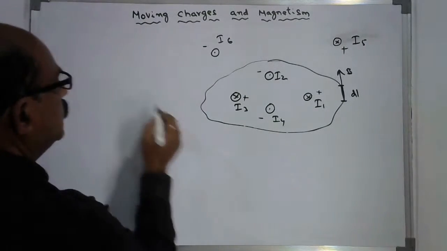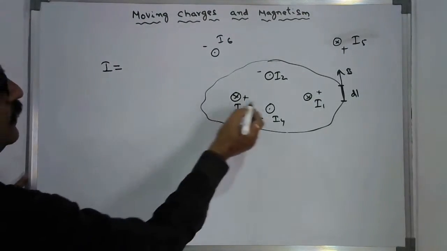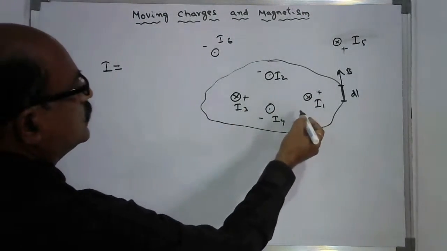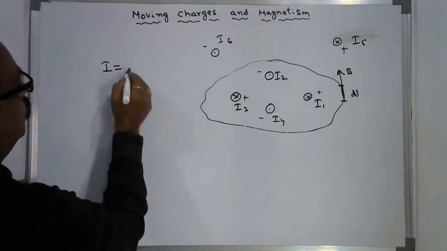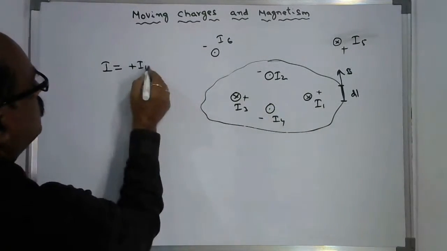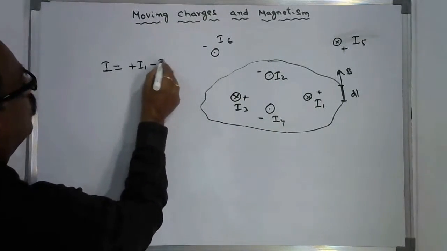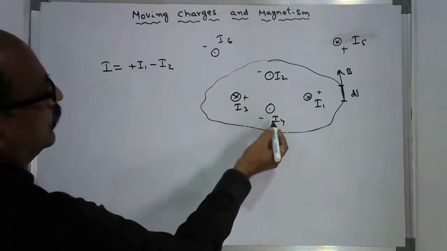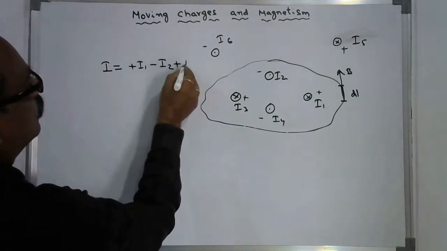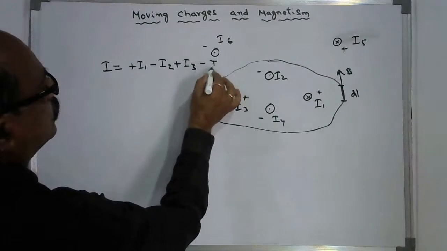Then the net current here I is equal to, how many positive currents are there? Plus I1, plus, this is minus I2, and plus I3 and minus I4.